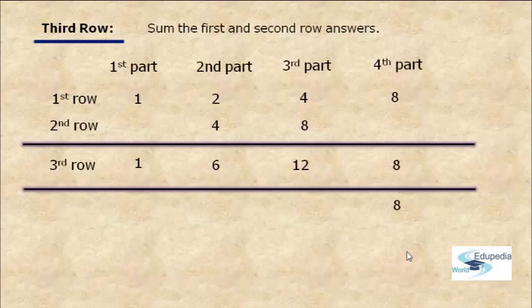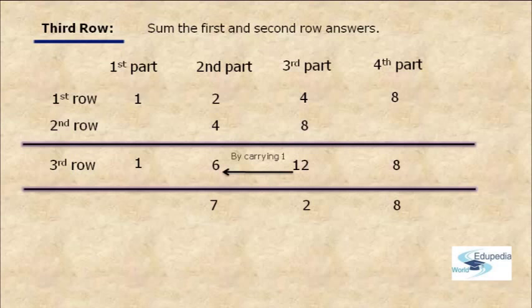Now coming to the third part, we have a 2-digit number, that is 12. So what we have to do here is take the digit that is in the 1's place and write it in the answer, and take 1 as carry on. So by carrying to the second part and adding with the second part, that is 6 plus 1, we will get 7 as the answer, and we have to take that in the second part answer.